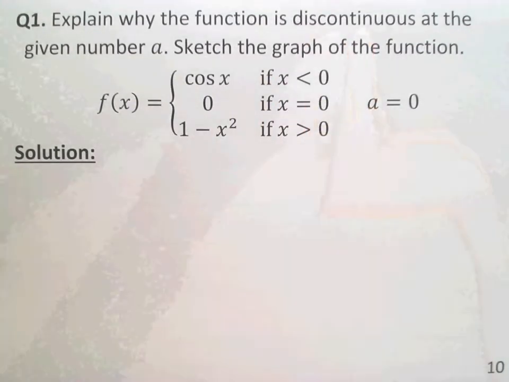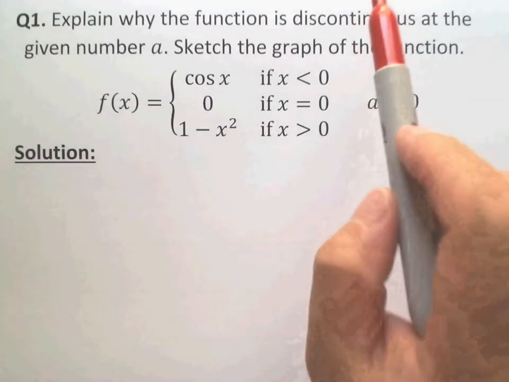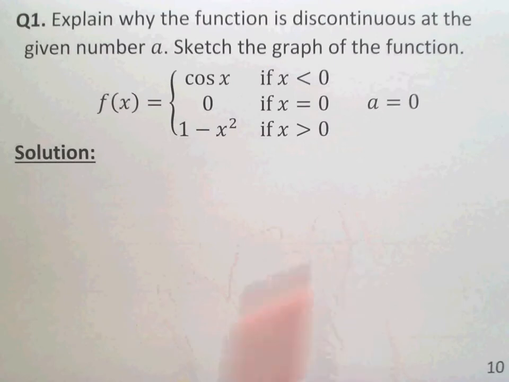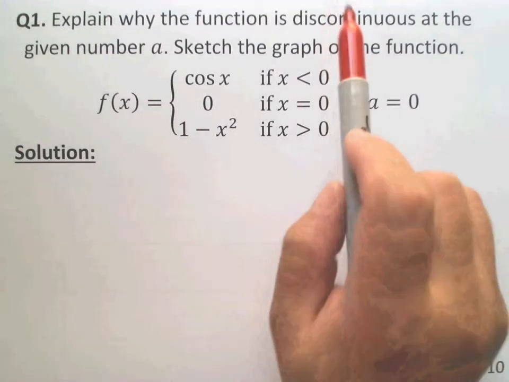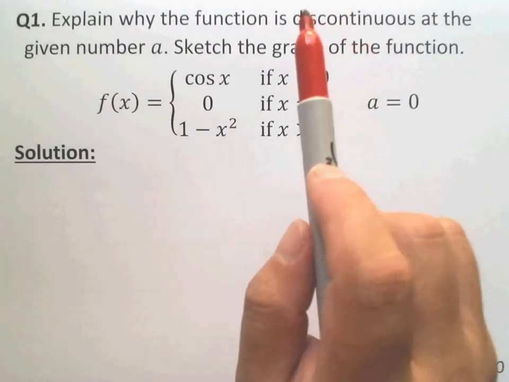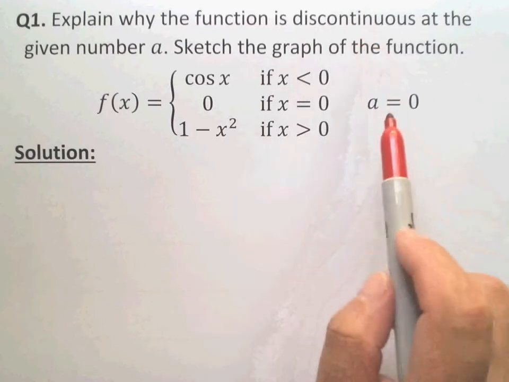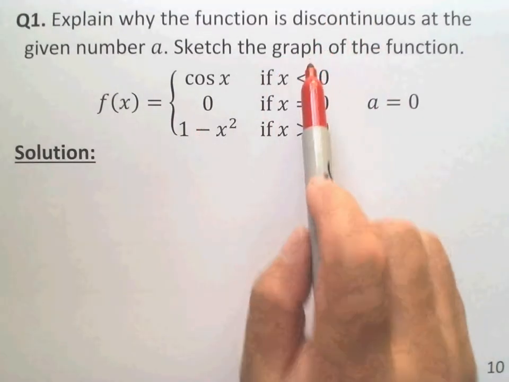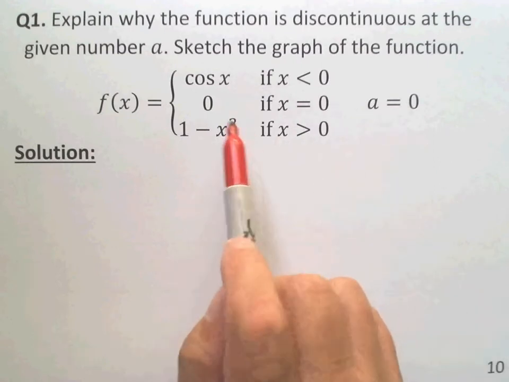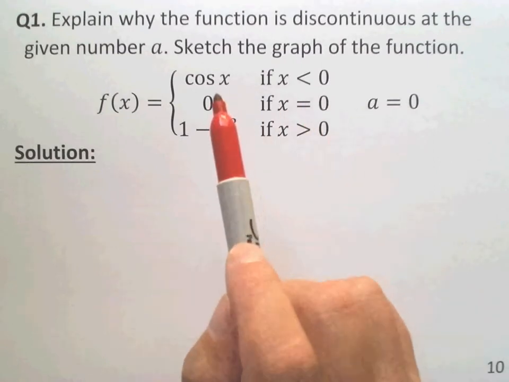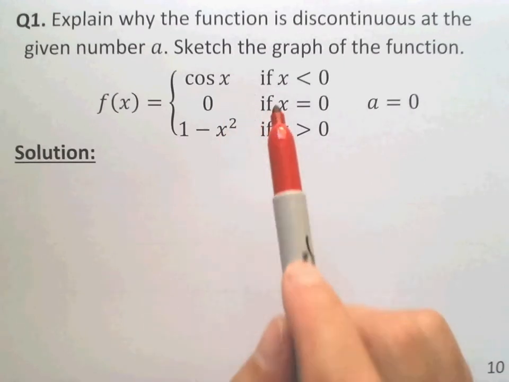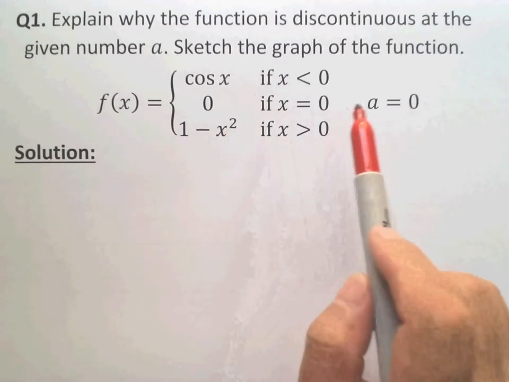The first is to prove this is discontinuous. Do you remember? No matter whether it is discontinuous or continuous, we always follow the 1, 2, 3 steps. For continuity, the first is the function should be defined at a. The second is the limit exists. We cannot see it, but we know how to do the calculation, so the second step is to find the limit.